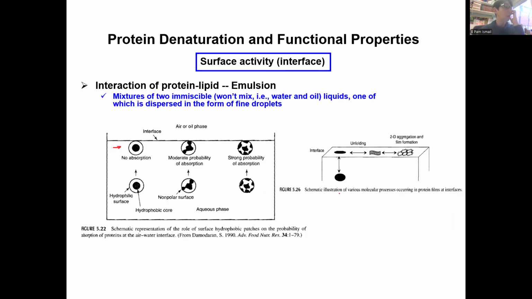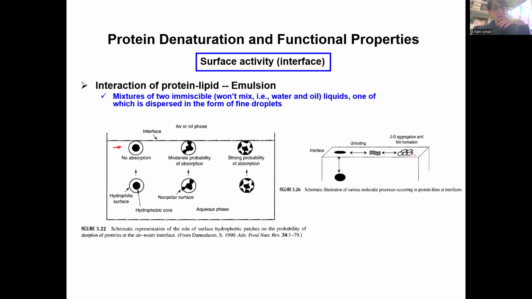this is an illustration of the various processes that happen during the formation of an emulsion or a foam. So you get your protein, it goes to the interface between the two phases, it unfolds and reorientates its components, and then it starts forming protein-protein interaction.